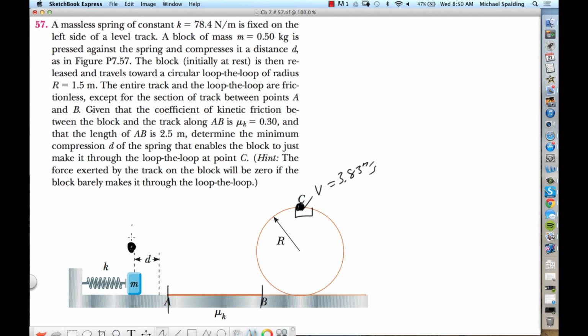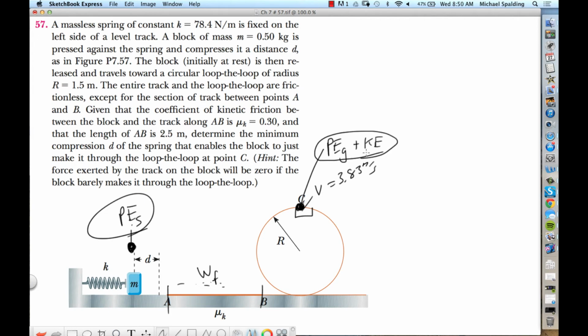What type of energy do we start with over here? Potential of spring. That's it. No other energy. Now what happens in this region here? We lose energy due to friction, work of friction. And then up here, what type of energy do we end with? We end with potential of gravity plus kinetic.